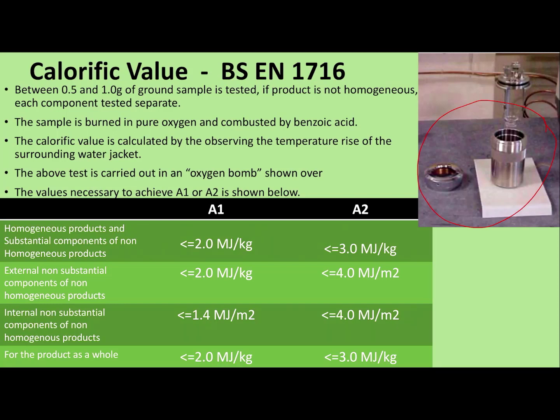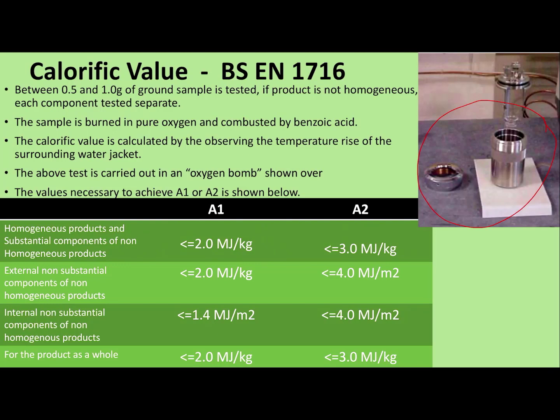And below the description there are the various different values that have to be achieved for A1 and A2. I won't go into that because, to be fair, the numbers don't mean anything. And I've explained that if the product is non-homogeneous, the various values are tested separately.